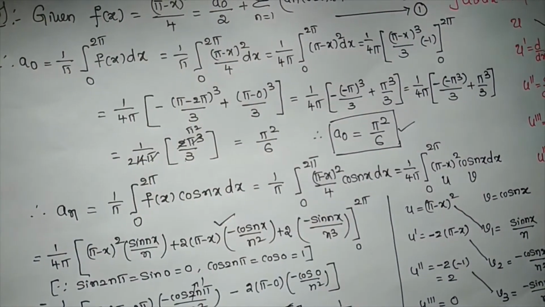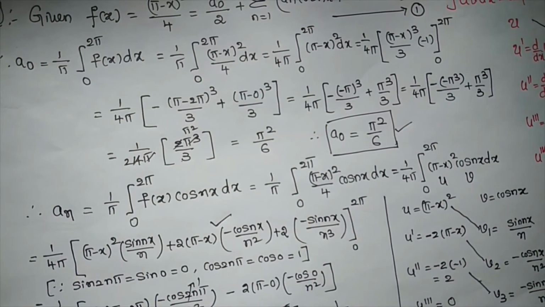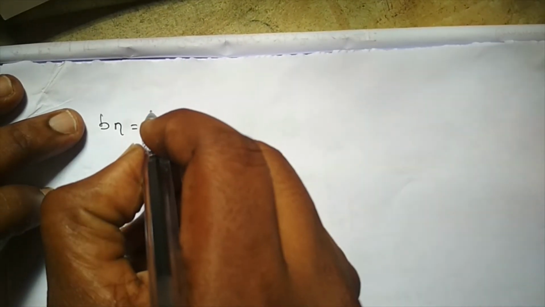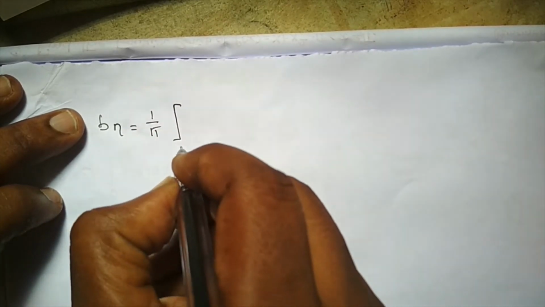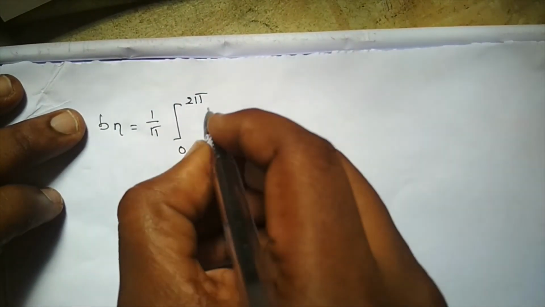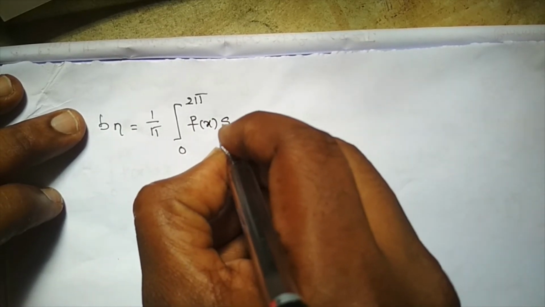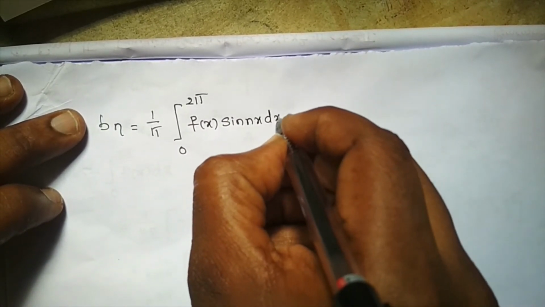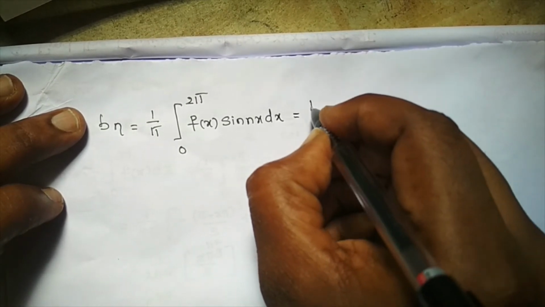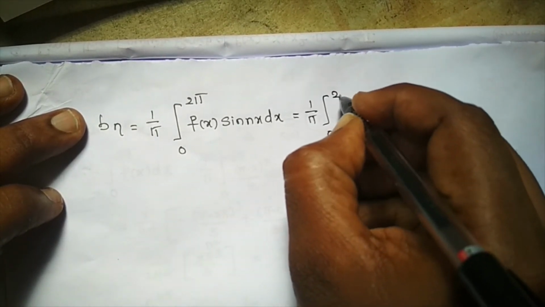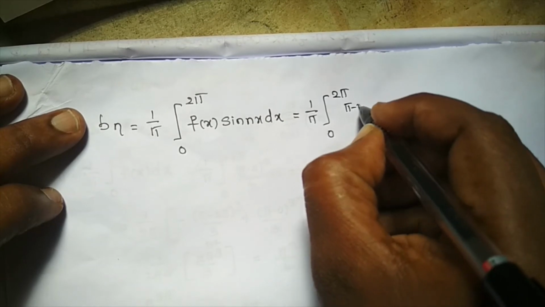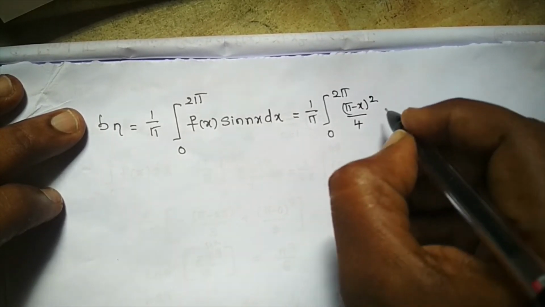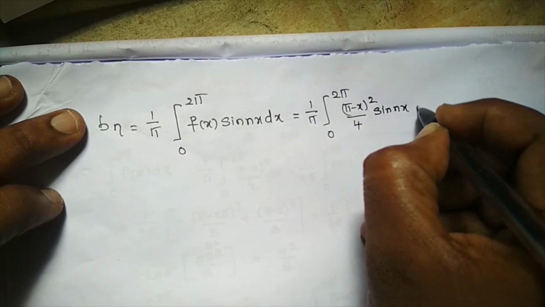Now we are going to find bn. The bn formula is 1 by pi into the integral from 0 to 2 pi of f of x sin nx dx. Let us consider 1 by pi into the integral from 0 to 2 pi, where f of x is pi minus x whole square by 4, times sin nx dx.